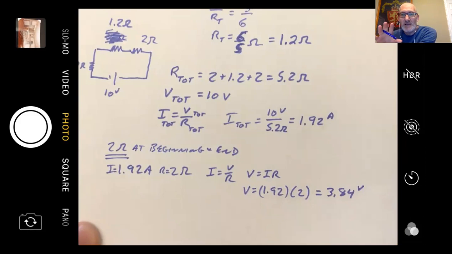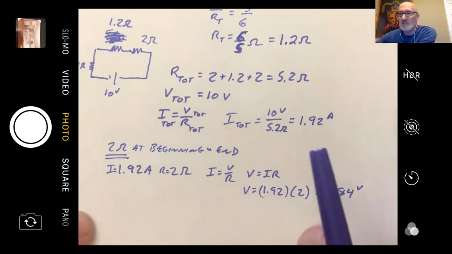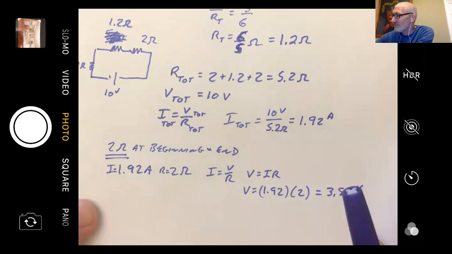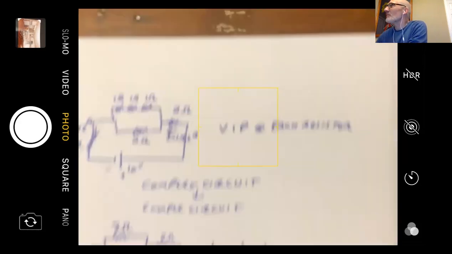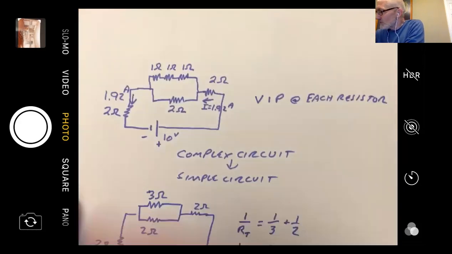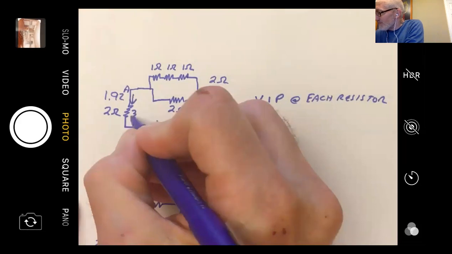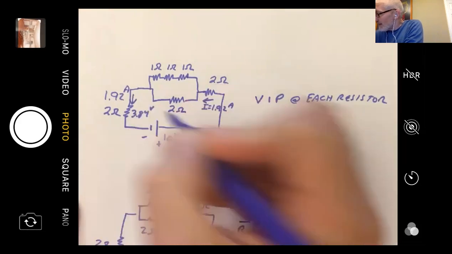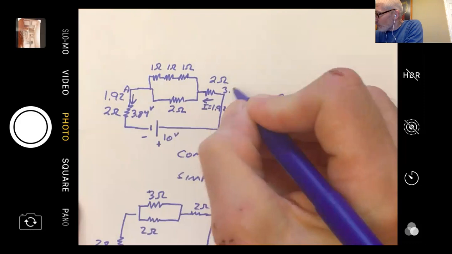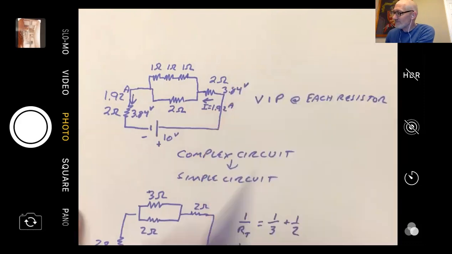A lot of things to keep straight here, trying to go slow enough to keep everybody from getting lost. So I come back up here to the picture. I've got 3.84 volts here, and I've got 3.84 volts here. Now here's the beauty of this, guys.